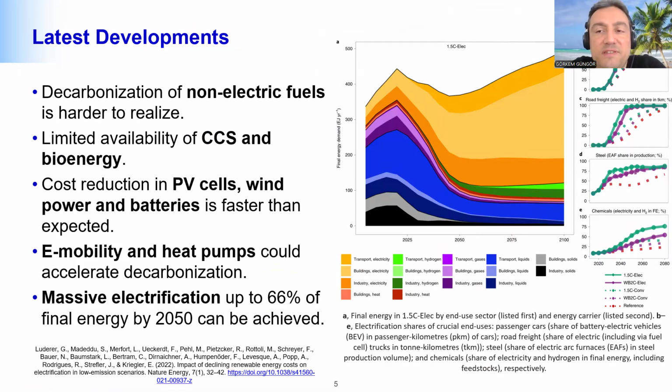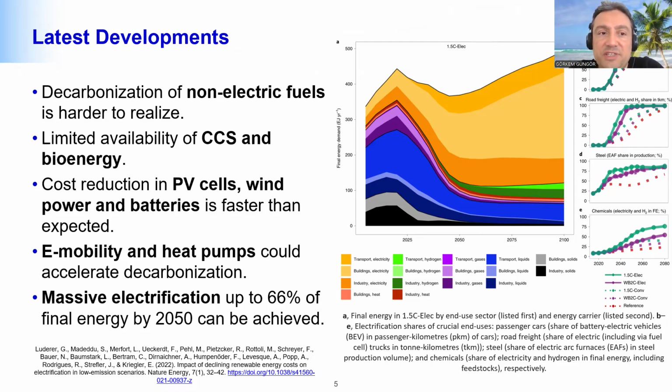For the latest development, I took the same model, which is REMIND-MAgPIE. This is an integrated assessment model developed by the Potsdam Institute. This is one of the 6 integrated assessment models widely used for IPCC reports. And in this article, the problem assessed is that the decarbonization of non-electric fuels, such as industry and transport, is harder to realize.